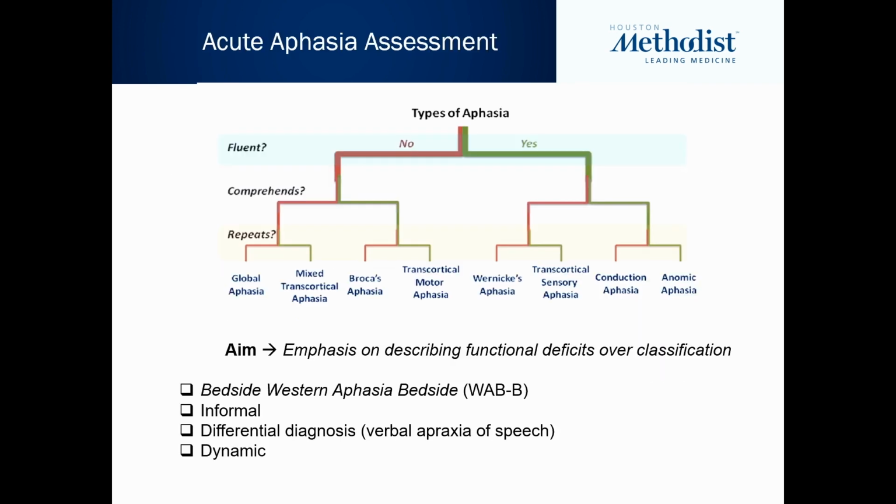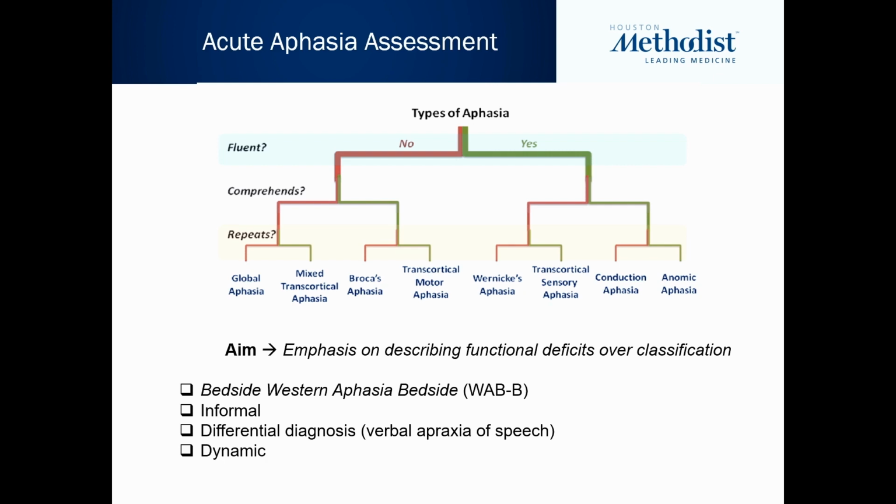All right, moving into aphasia assessment. There's definitely been a shift toward describing and emphasizing what a patient's functional language deficits are and what their relative strengths are. That's the meat and potatoes of developing a therapy plan, versus spending time and effort trying to classify a patient as Broca's or Wernicke's, et cetera.